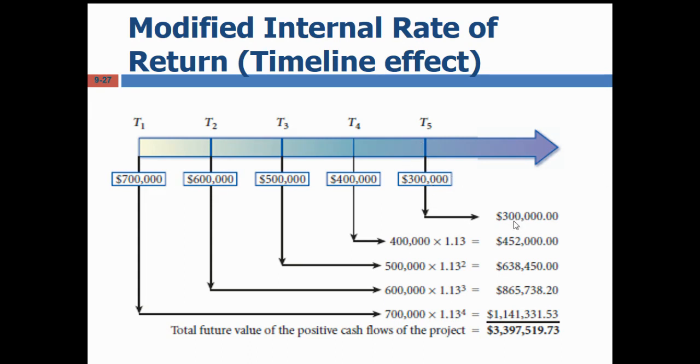So that is why 300,000 is 300,000. Adding all this together, you get 3,397,519.73. So this is your terminal value: the reinvested amounts accumulated together.